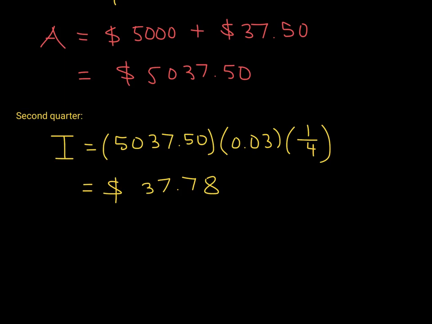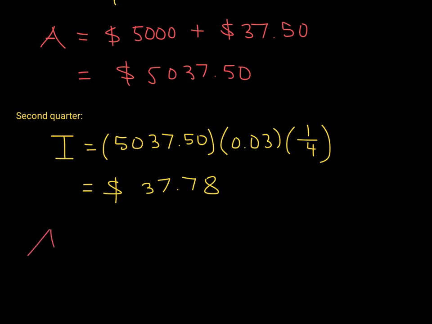$37.78. Now, this is more interest than was earned in the first quarter, and that's because it's a higher principal. The rate hasn't changed. The time hasn't changed. What has changed is the principal. It's a higher principal value, so that means we're earning more interest.